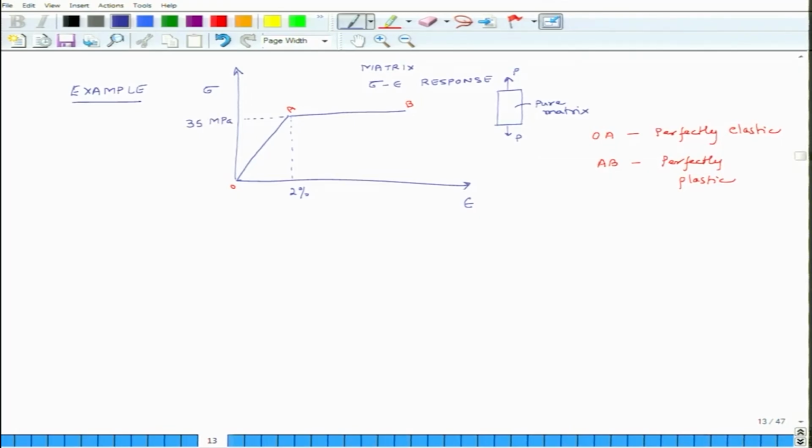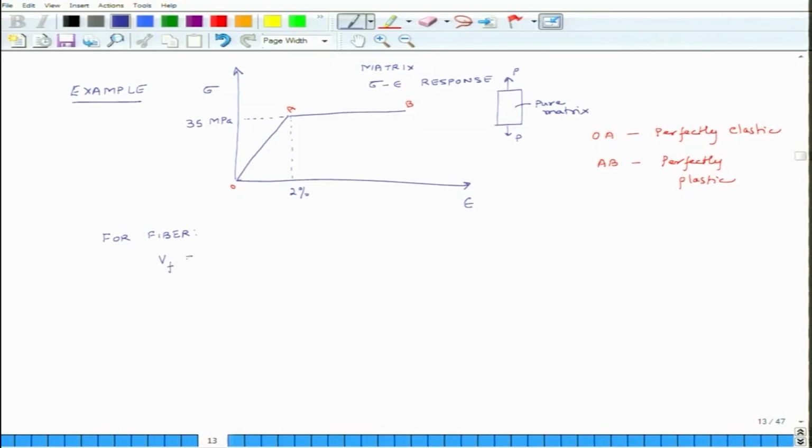Now, I am using this matrix and a fiber to make a composite. These are the properties of the matrix as given in the graph. For the fiber, what do we have?